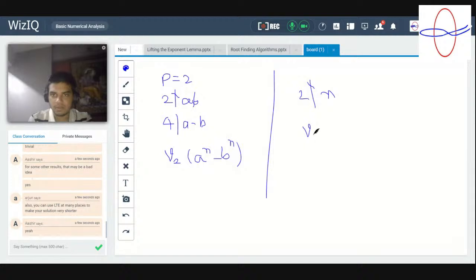Then v2 of a raised to n minus b raised to n is equal to v2 of a minus b.